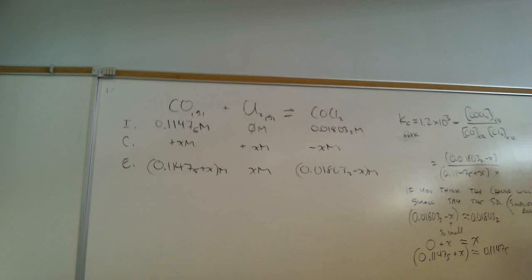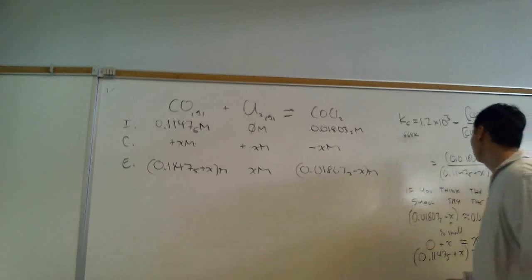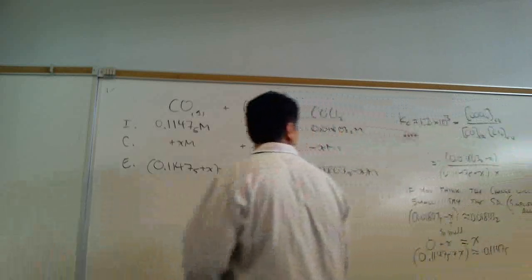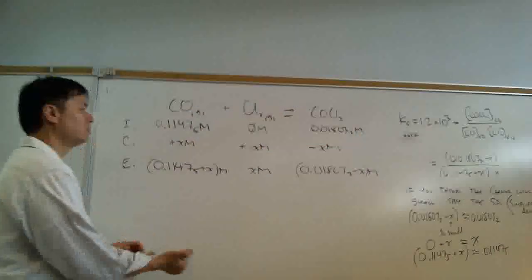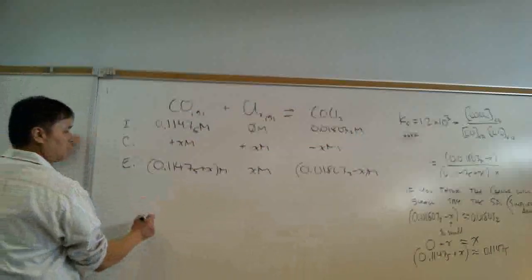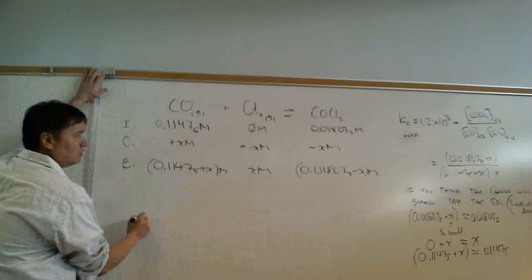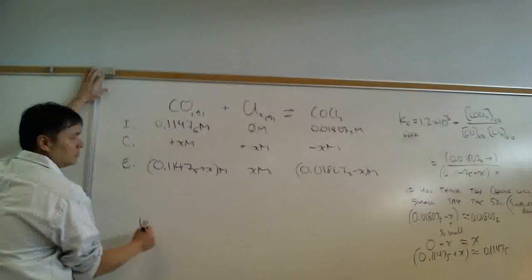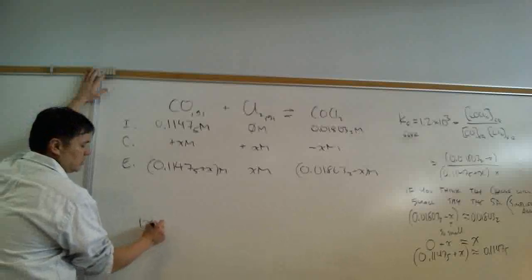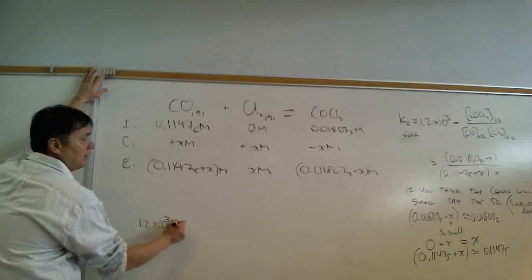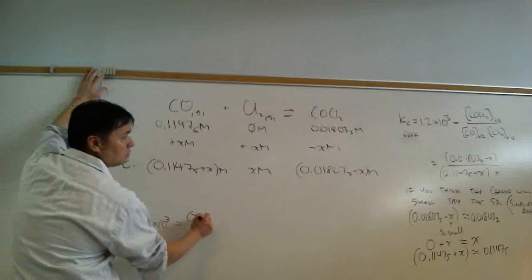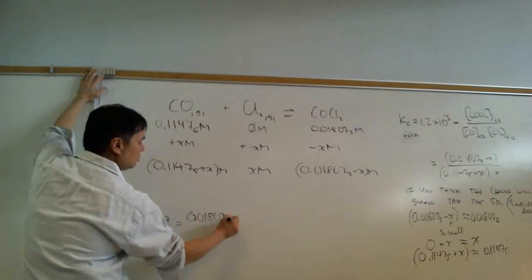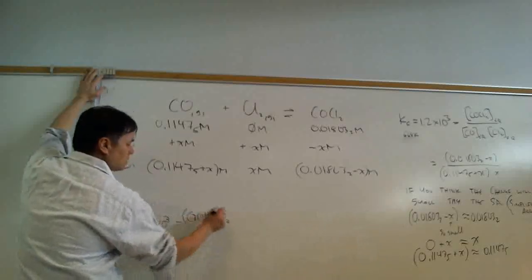This is called the simplifying assumption. And what the simplifying assumption does is it just makes the math a lot easier. And so here we go from a quadratic like that to this. We get the 1.2 times 10 to the third, which is our k, is going to equal 0.018032. We've lost the x.